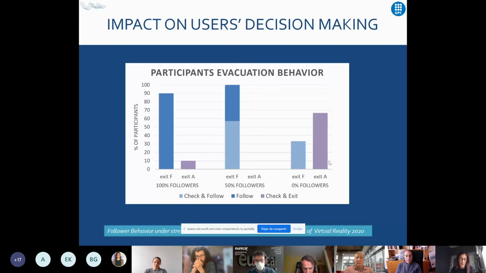When we interviewed them after the experiment, they told us that they walked to the main door, found it closed, and when they turned around, they happened to see a handful of avatars that had their next assigned task, being to leave through this hidden exit. Because they saw a group of them walking towards that corridor, they assumed they knew where they were going and decided to follow them. So we can see here a clear influence on decision making based on the behavior of the crowd.